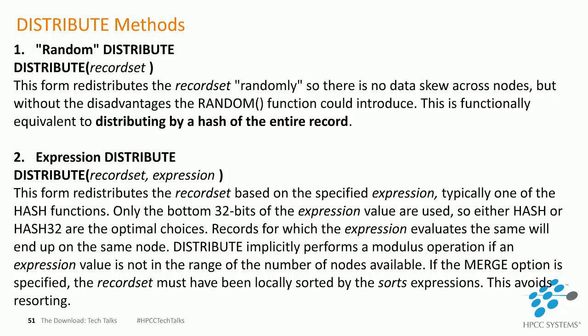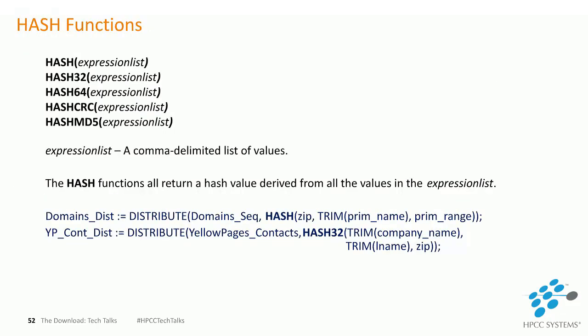The hash functions available are hash, hash32, hash64, CRC (cyclic redundancy checking), and then MD5. For some people that requires a 128-bit algorithm, but keep in mind that at the end of the day, they all get reduced down to a 32-bit algorithm.